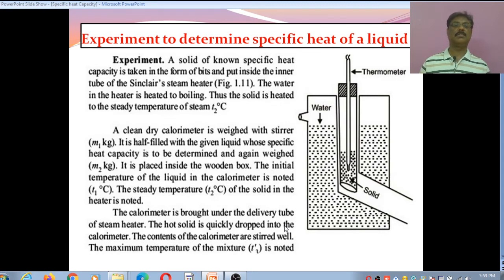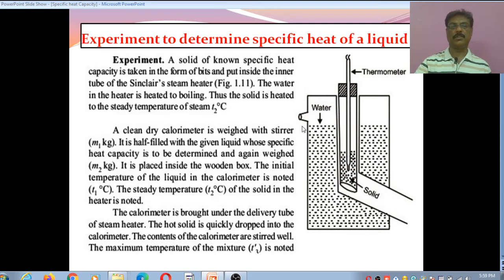First we will see the experimental method to determine the specific heat of a liquid. In this method, a solid of known specific heat capacity is taken in the form of bits and put inside the inner tube of a steam heater. It is given in the figure.